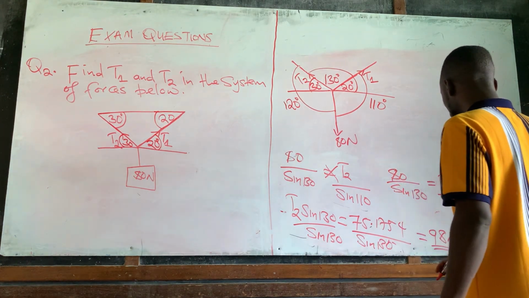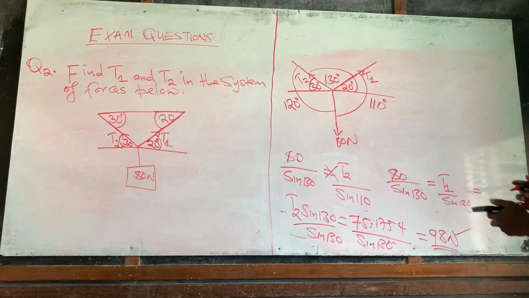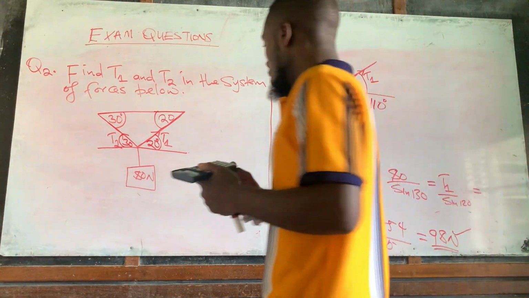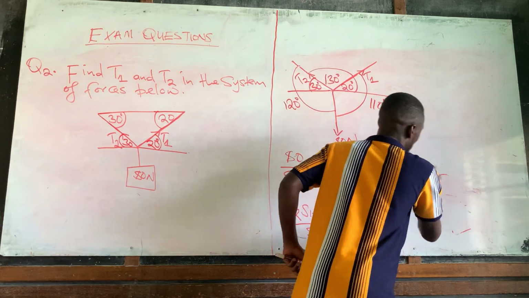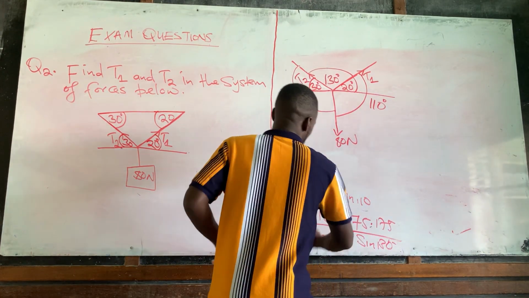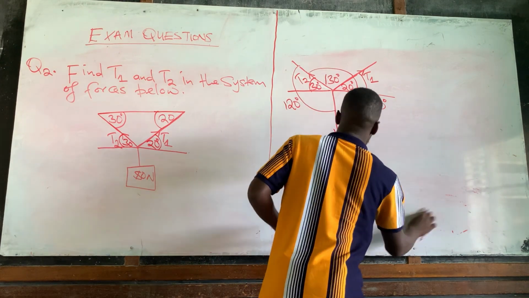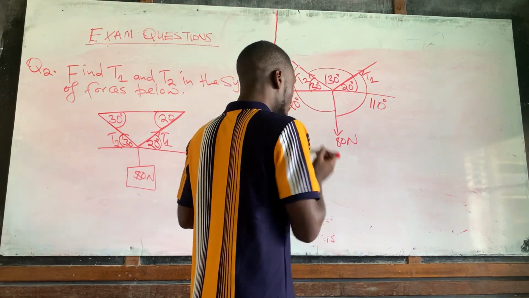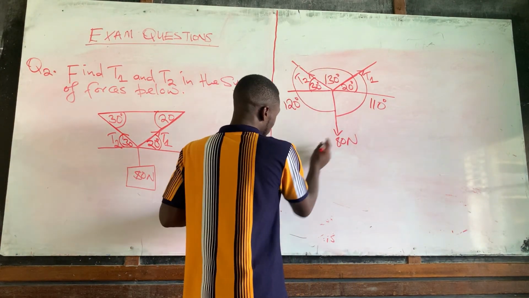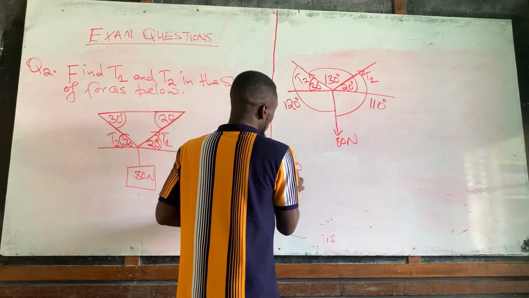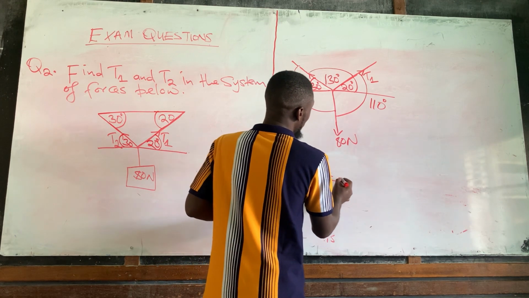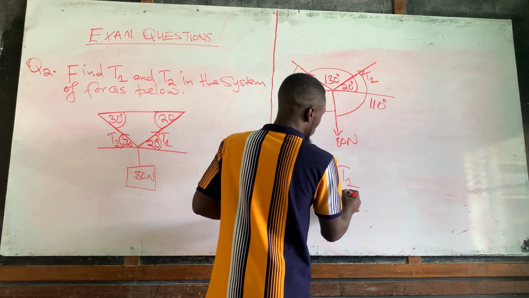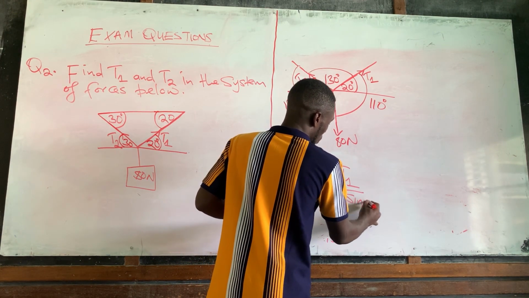Okay? So meaning, okay, I forgot, let's see, so this is T2 equal to 9.8 newtons here. T2 is 9.8 newtons there, meaning T1 will be this 8 over sine 130 equal to T1 over sine 120 there.